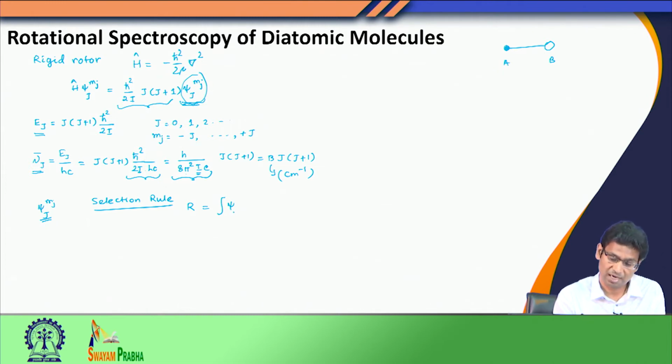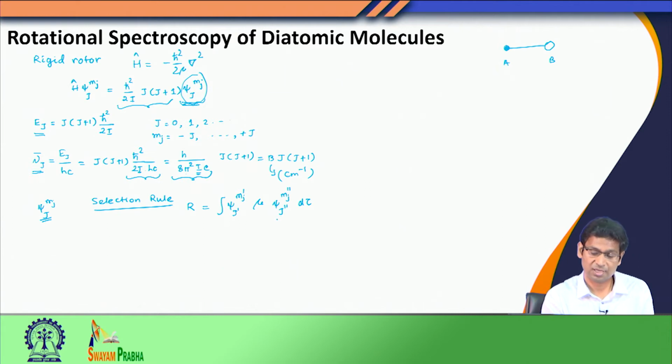Suppose I am starting from a particular stationary state, in this case a rotational state, whose quantum numbers are given as j double prime and m j double prime, and I am going to the final state, which is again a stationary state, a rotational eigenfunction, whose quantum numbers are j prime and m j prime.